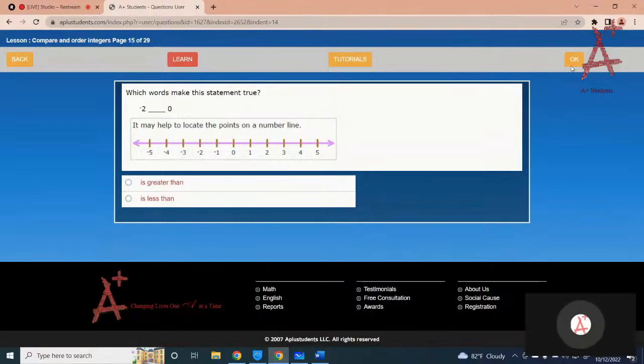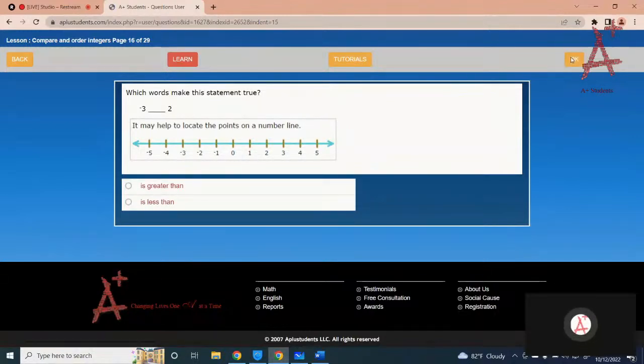Negative numbers are always smaller than 0. Then how is negative 2 greater than 0? Yes, it is less. Please wait for the question, understand the question, and then answer. Got it? Negative 2 is less than 0.